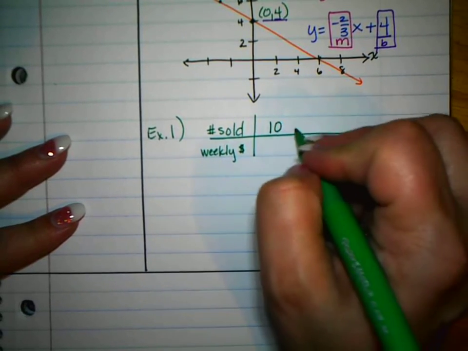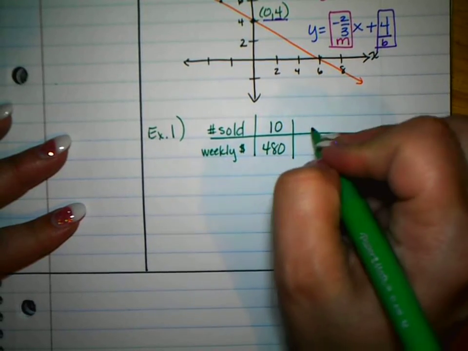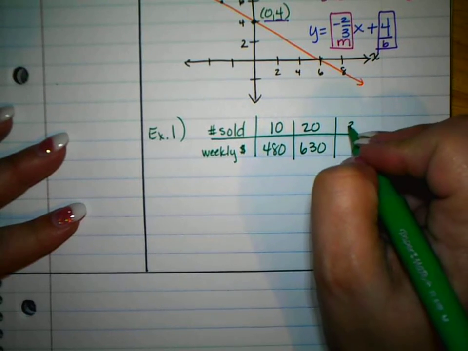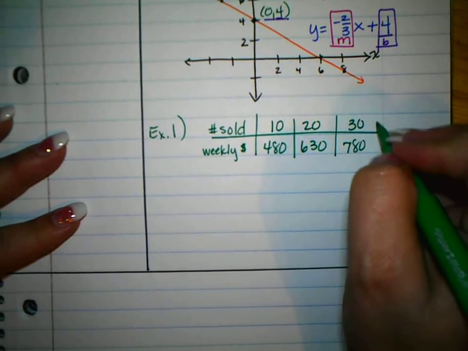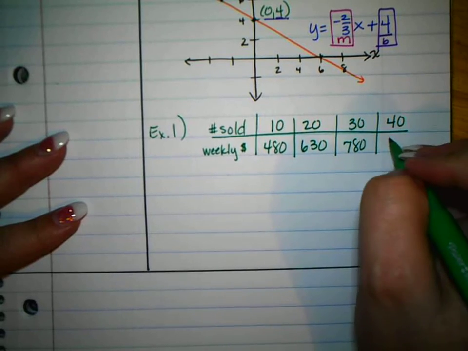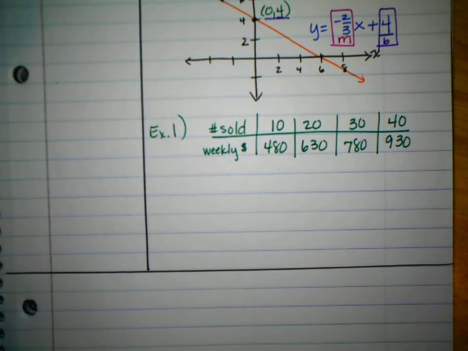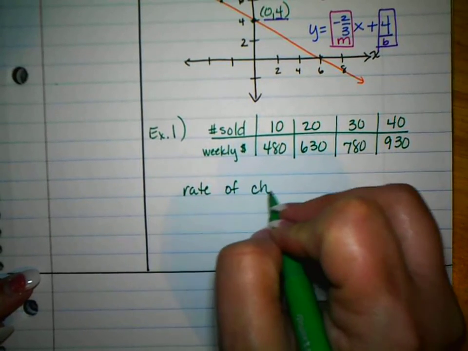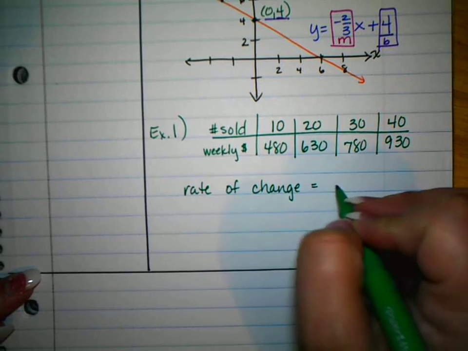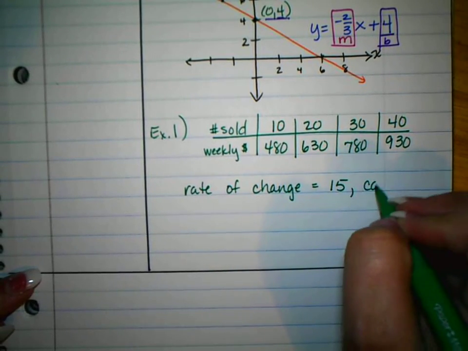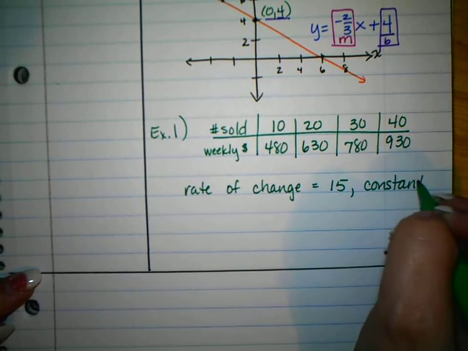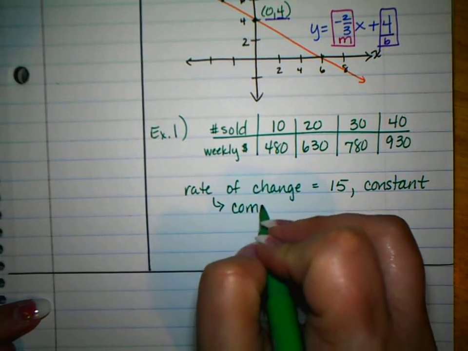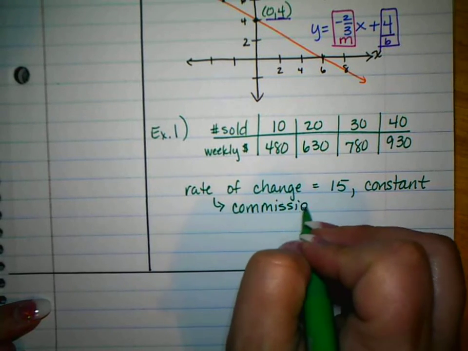And if there were 10 phones sold, he made $480. 20 was 630. 30 was 780. 40 was 930. And as I just showed you in the book, the rate of change is constant because it's $15. And that was the commission from each phone sold.